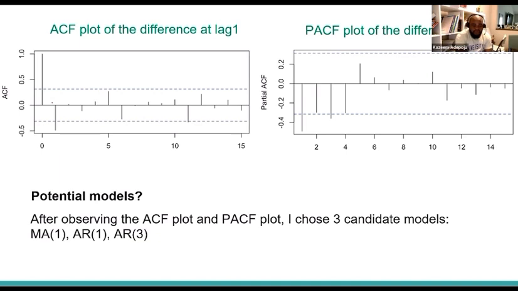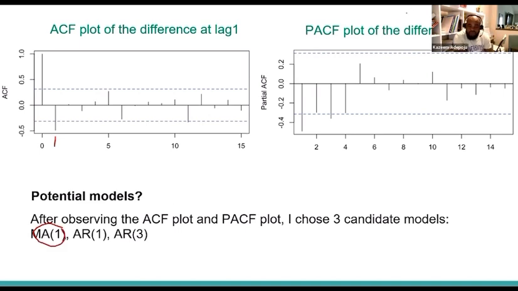Now if you take a look at the ACF plot here, after lag one, it's cut off, right? That is suggesting MA1.